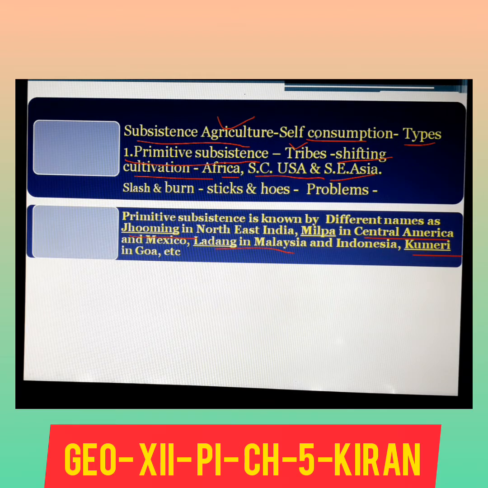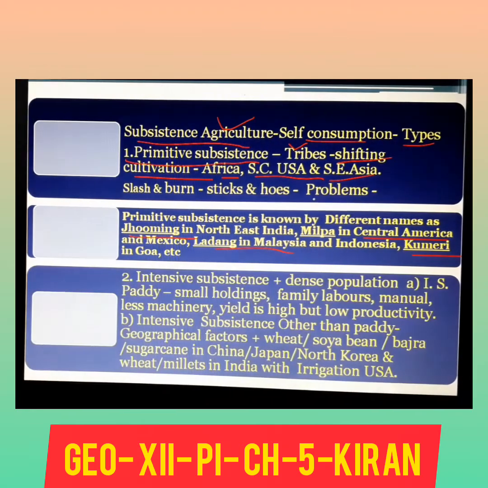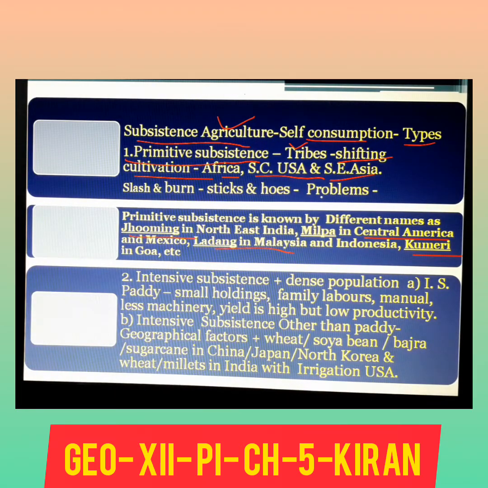Shifting cultivation is banned by different governments all over the world because it has some problems: forest fire, soil erosion, and also loss of medicinal plants in those areas. But in remote tribal areas it is still practiced in some regions of the world, though it is definitely declining because of modernization.